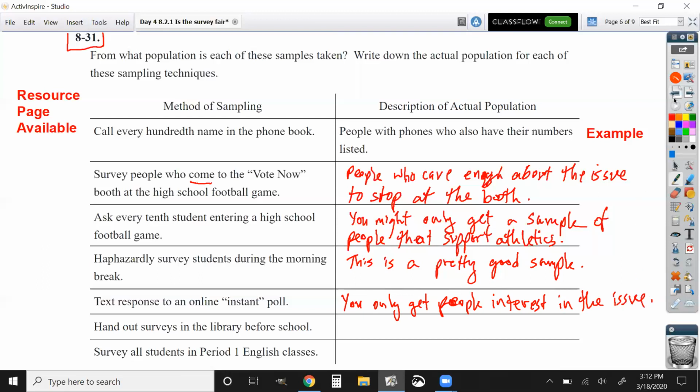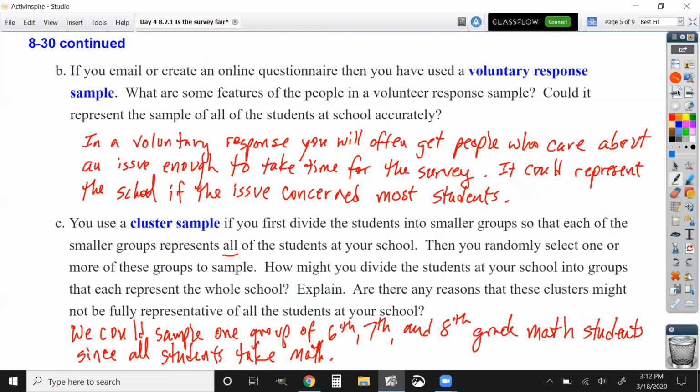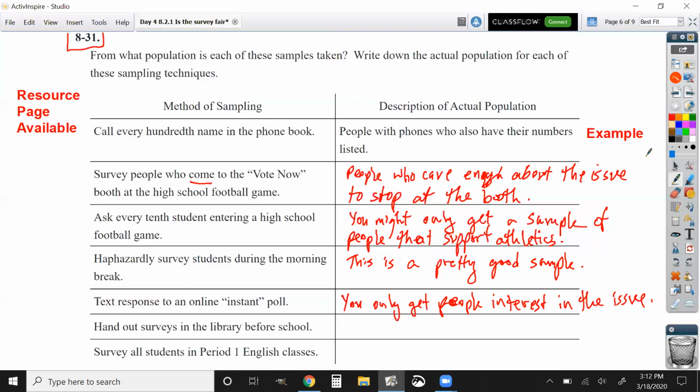That's one of those ones, if we look back here, that's a voluntary response. And so you kind of get people who really care about the issue checking it out.